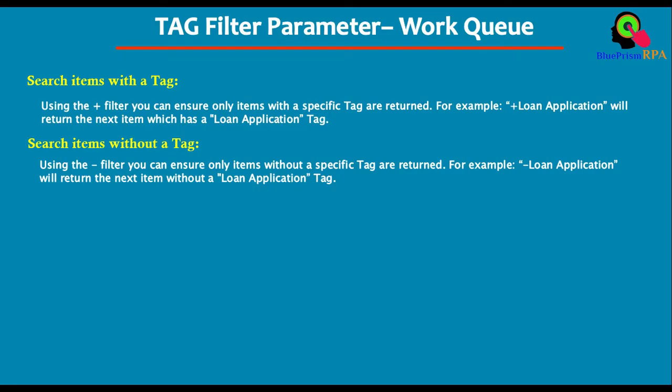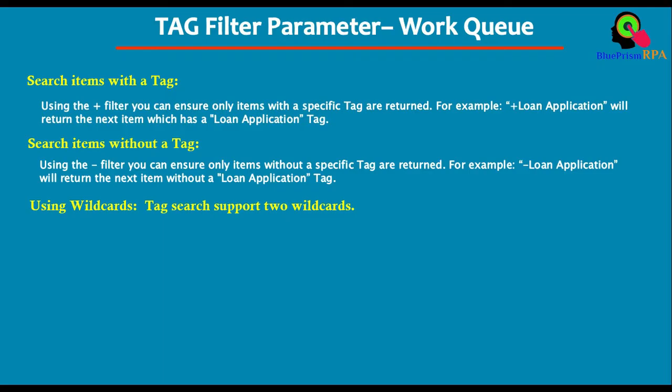As I told you, let's say we have 10 items, 5 items which have the tag loan application and 5 items which have, let's say, loan funding. If we use minus loan application, it will return those 5 items which have tags other than loan application.